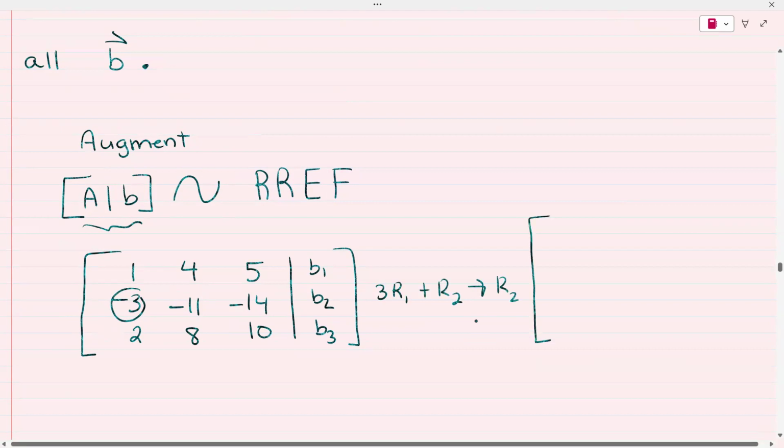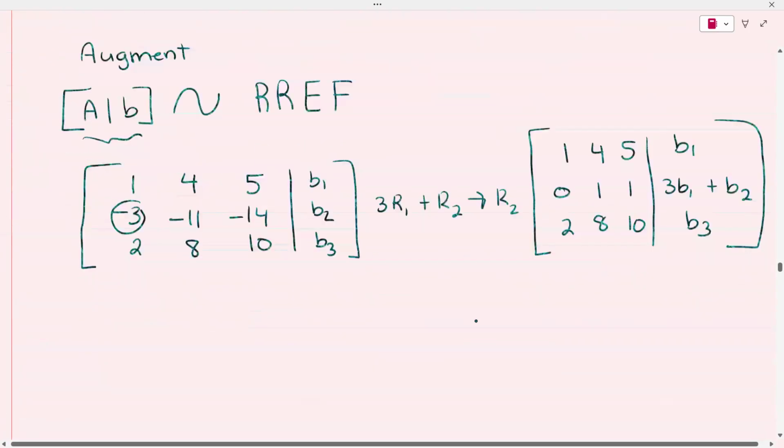You can pause the video and do the work, but I already did the work, and I get 0, 1, 1, and then this is going to be 3b1 plus b2. And then row 1 stays the same, so this is 1, 4, 5, b1, and then this is 2, 8, 10, b3.